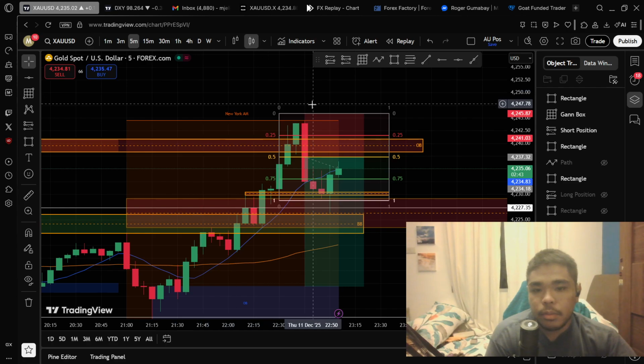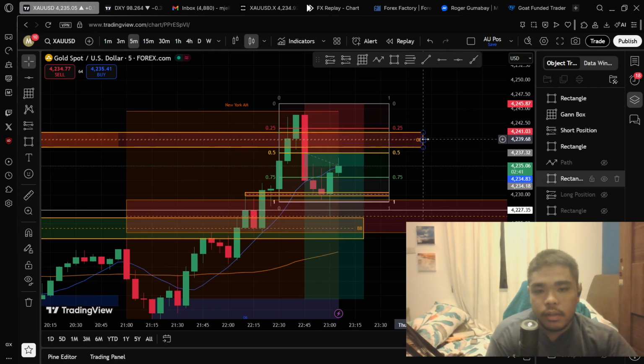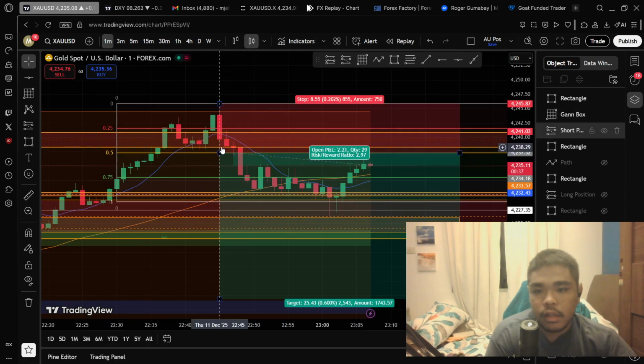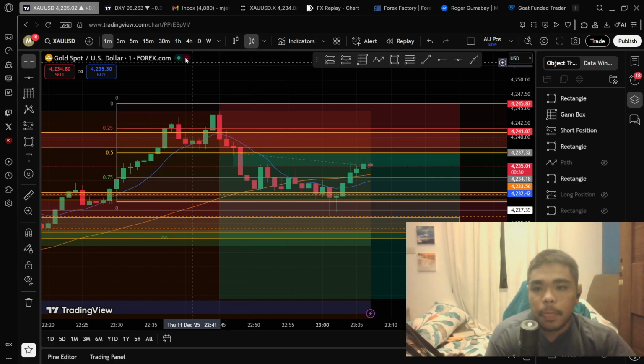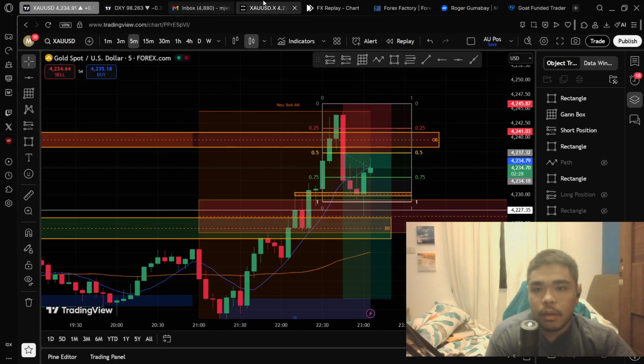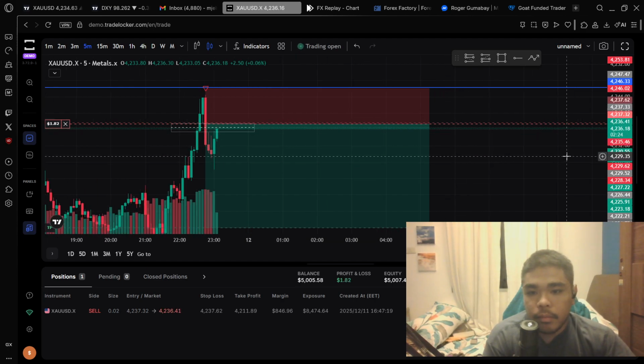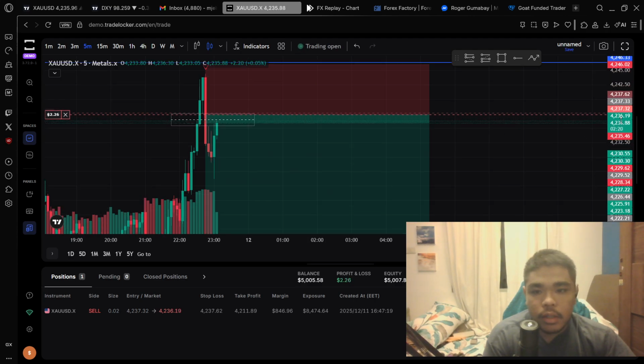But we took this position because we did have this bearish order block right here. We see the price reversing on the 1 minute, a clean inversion right here. After this candle closes, we did take this trade. A lot of volume and volatility in this market.